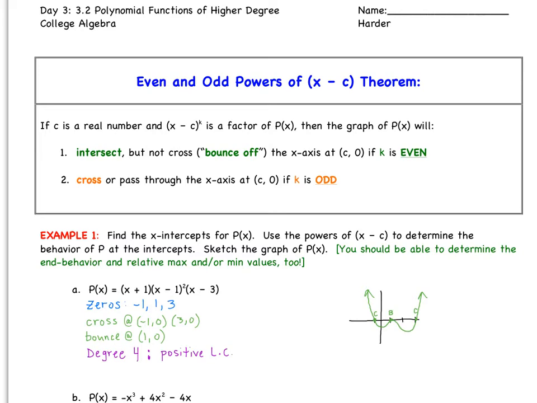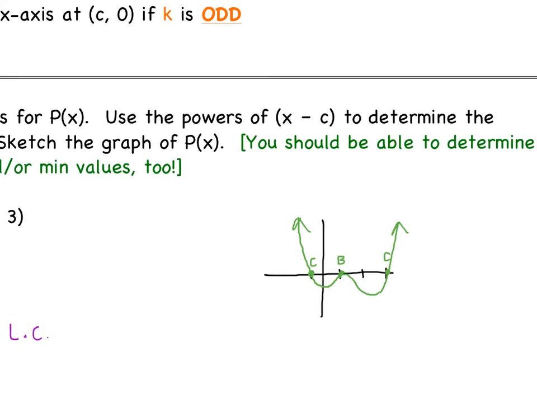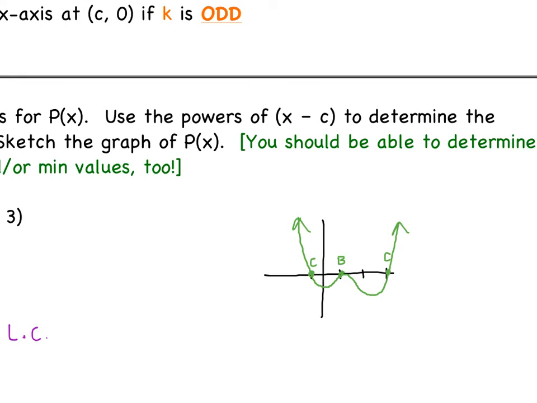So now if we want to graph this, I zoom in on my graph. I drew a little chart here. I know at the point -1, 0, we're going to cross. I know at the point 1, 0, we're going to bounce. And I know at the point 3, 0, we're going to cross. So that's what the C, the B, and the C represent.